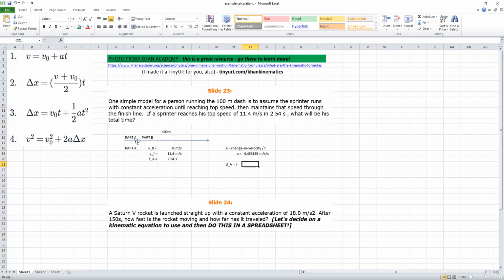We know the initial and final velocities. All we need to find now is this delta x. We can do a couple things here. We can either do it independent of time, or we can do it dependent on time since we know the acceleration. In fact, technically, you could have solved this in a different order.